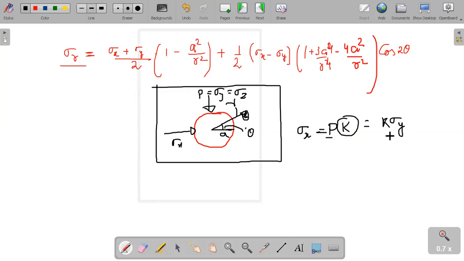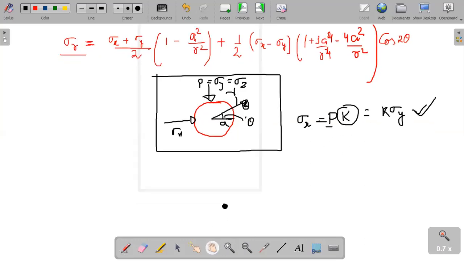Okay, any confusion up to this point? Does anyone have a problem understanding up to here? We assume that sigma y is p and sigma x is k into p. K is any number, and p is pressure in Pascal, megapascal.